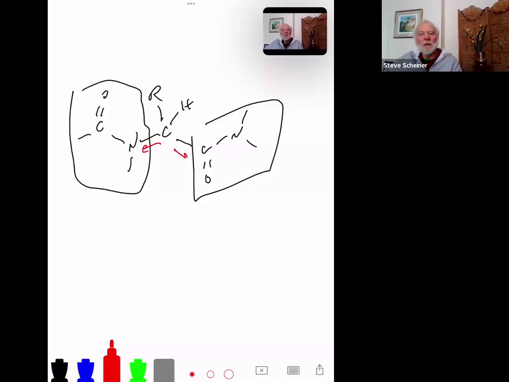They're electron withdrawing groups, which makes this H quite viable as a proton donor, as a hydrogen bond donor. Now, having said it can form a hydrogen bond, I haven't really said how strong it is. And in most cases, the CH is poorer than OH or NH.